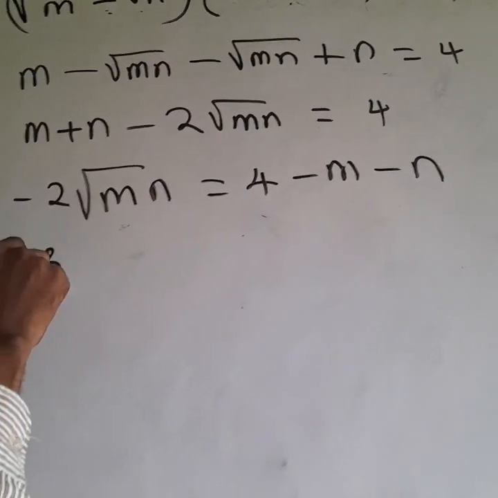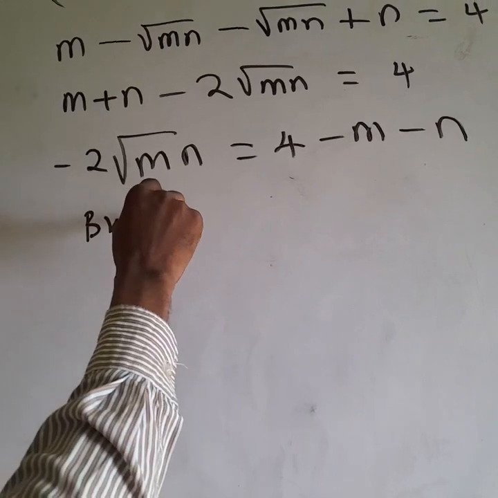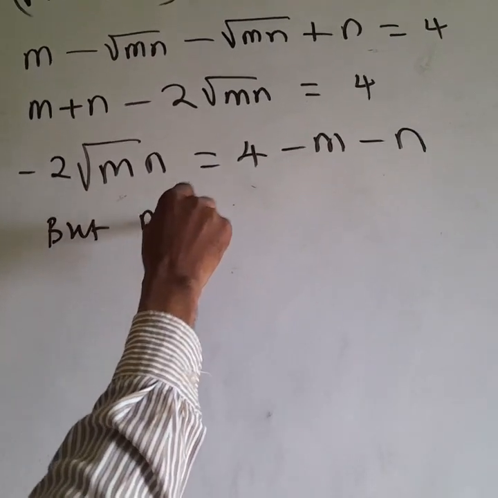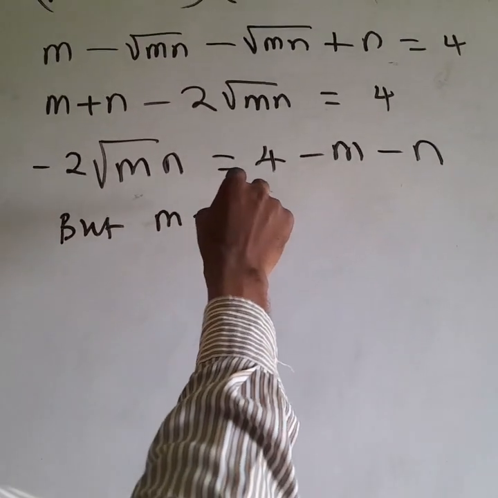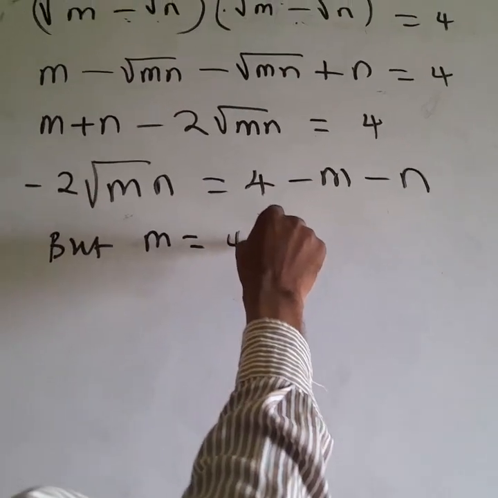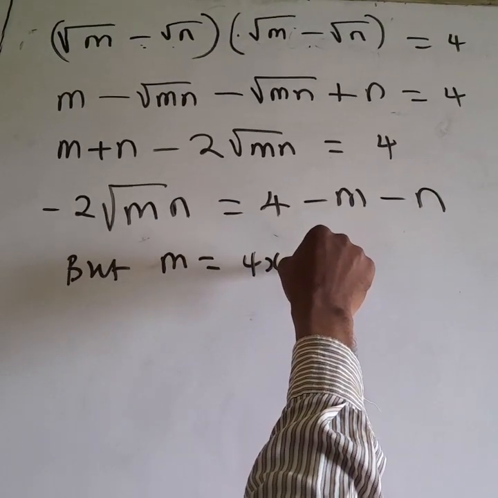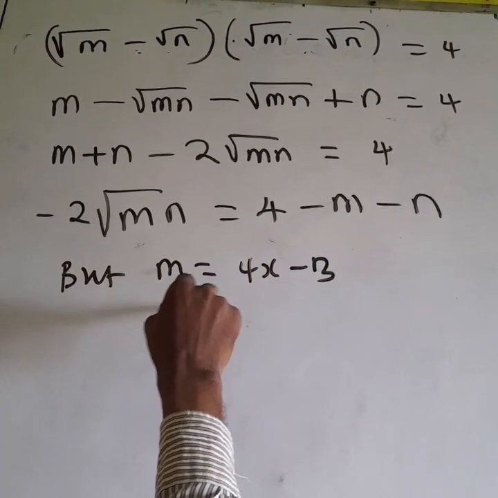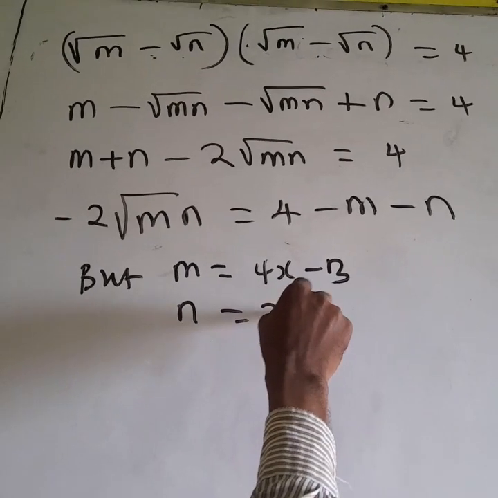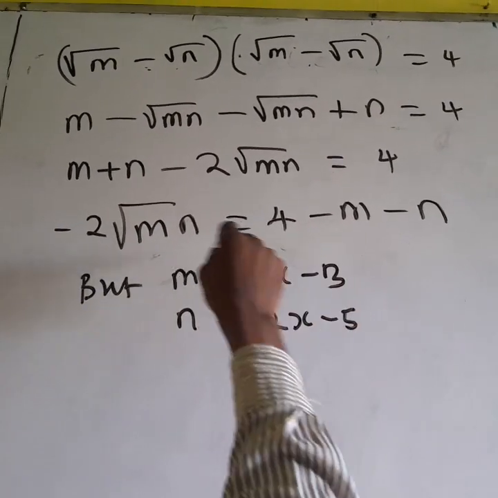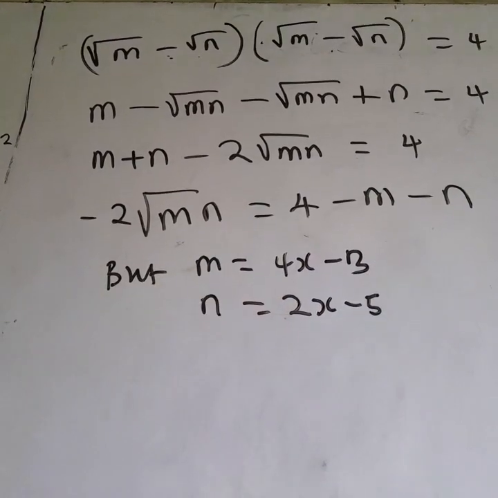But m is equal to 4x minus 3, and n is equal to 2x minus 5. So anywhere you see m now, you can replace it.